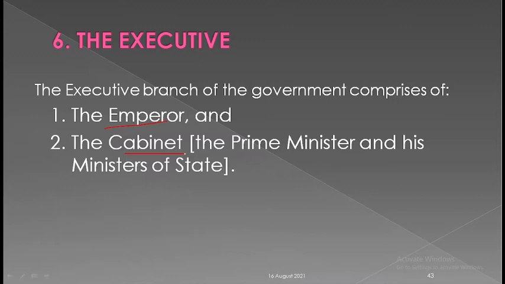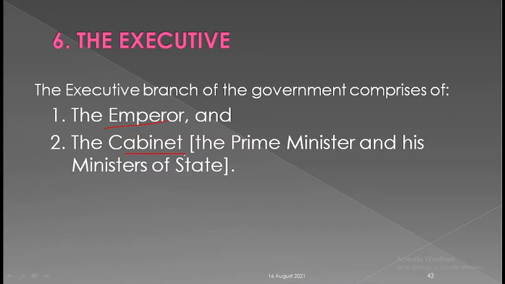The emperor and the cabinet collectively form the executive branch of the government. In the case of India, it is the president and the council of ministers who form the executive branch. Similarly, in the context of Japan, it is the emperor and the cabinet that form the executive branch of the government.